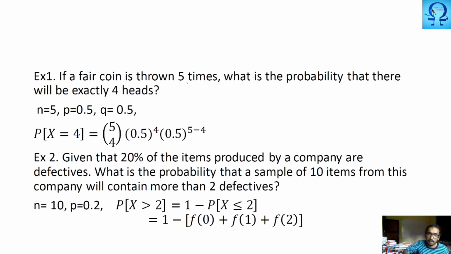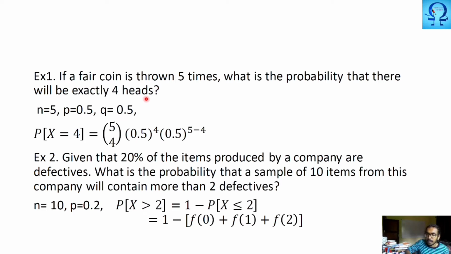Here in the first example, it is given that a coin is thrown 5 times. You are asked to find the probability that there will be exactly 4 heads, which means you are expecting success 4 times.